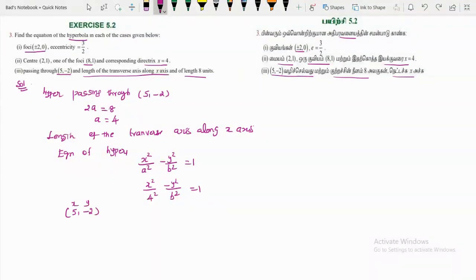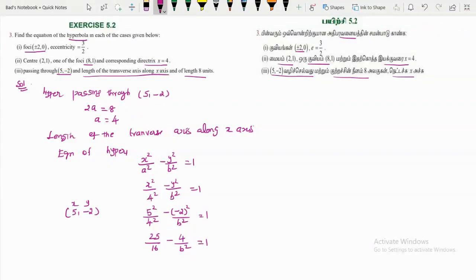So substitute 5 for x and minus 2 for y in the equation: 5 squared by 4 squared minus, what is y? minus 2 the whole squared by b squared equal to 1. So here 25 by 16 minus 2 square is 4 by b square equal to 1.